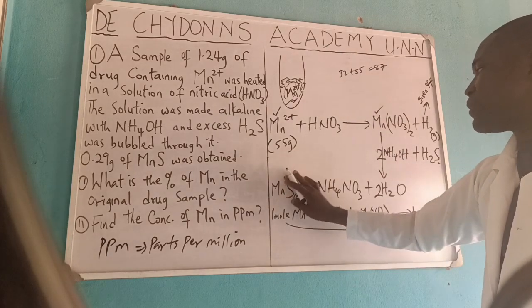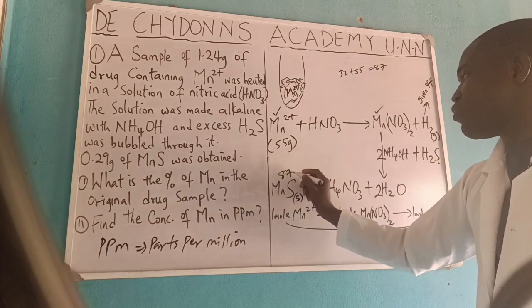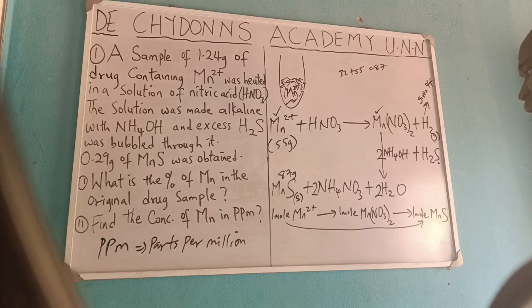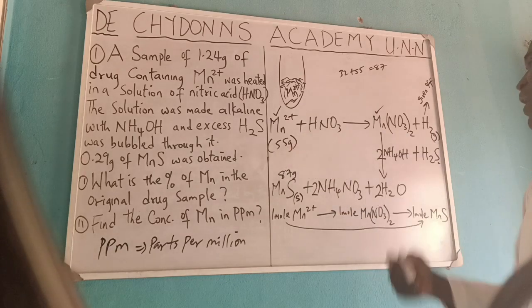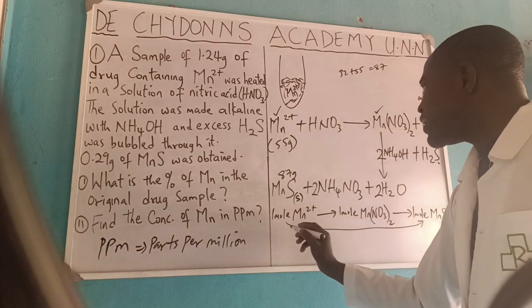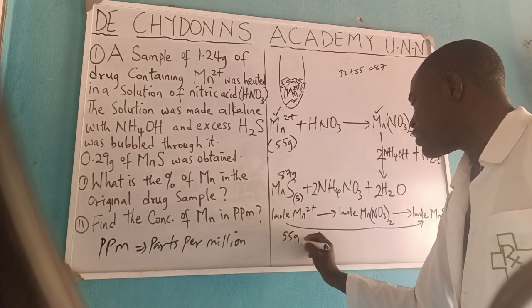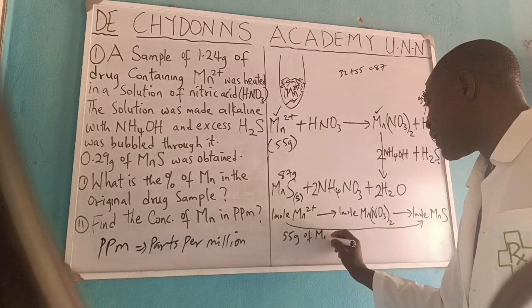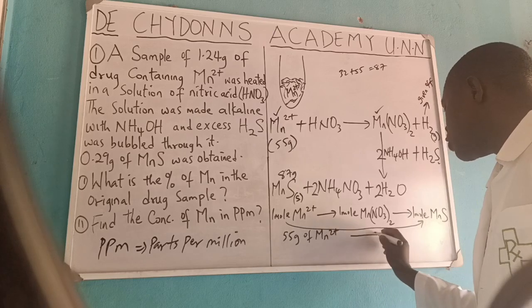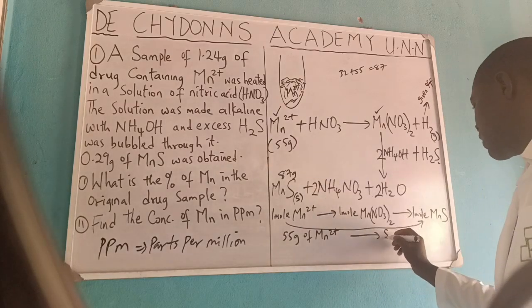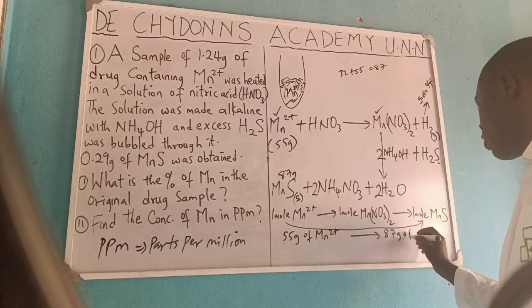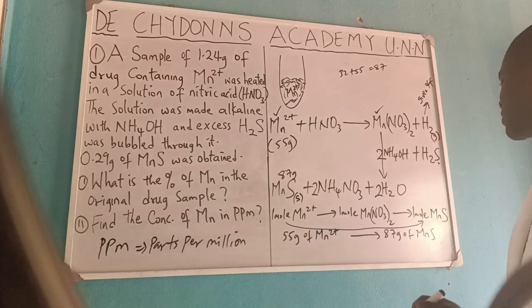So here is about 87 what? Gram per mole. Are you getting it? This one 55. That means we have to tell them that 55 gram of manganese produces 87 gram of manganese sulfide.